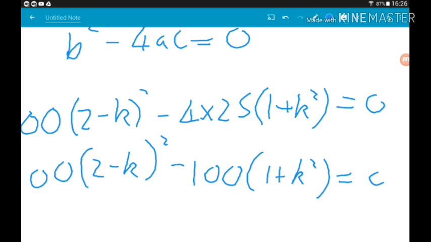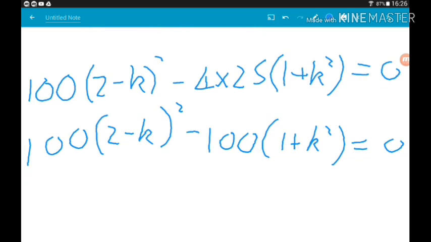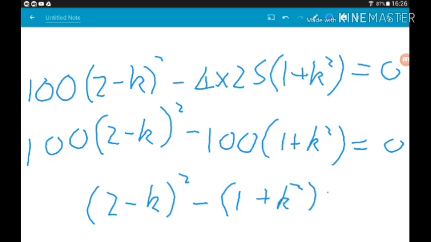That's all equal to 0. So we've got a common factor of 100, which is good. So we've got (2 minus k) squared minus (1 plus k squared) is equal to 0.